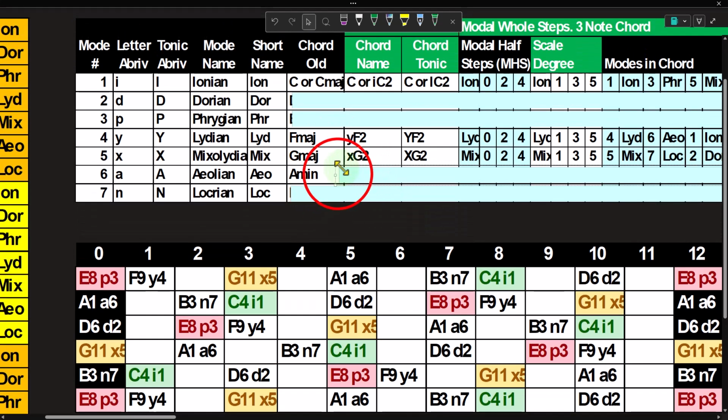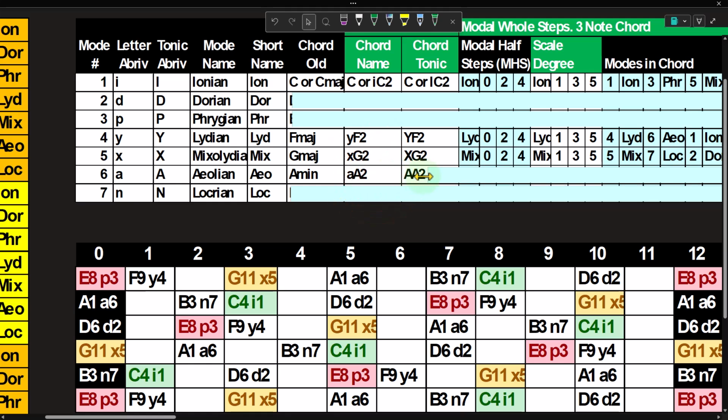So it would be nicer to say something like it's an Aeolian A 3-note chord, or an A2. Why would that help? Because the 2 here represents that it's 2 modal half steps from the Aeolian node, which happens to be an A. So we're going to say it's the node there plus a distance term of 2 modal whole steps. So hopefully I said that right. 2 modal whole steps from that node.